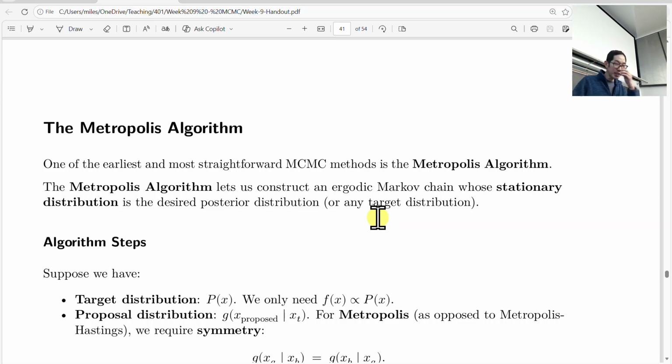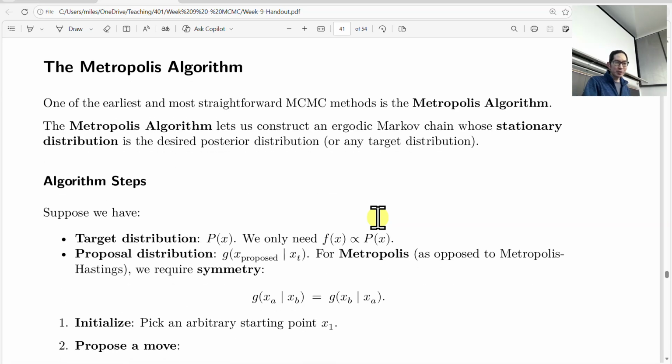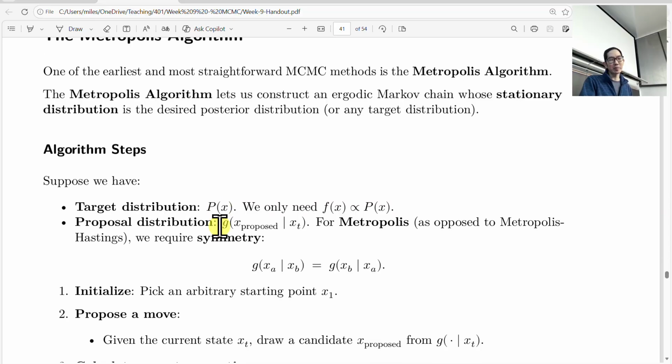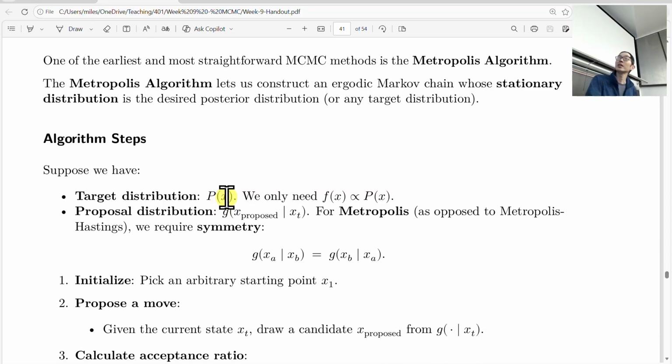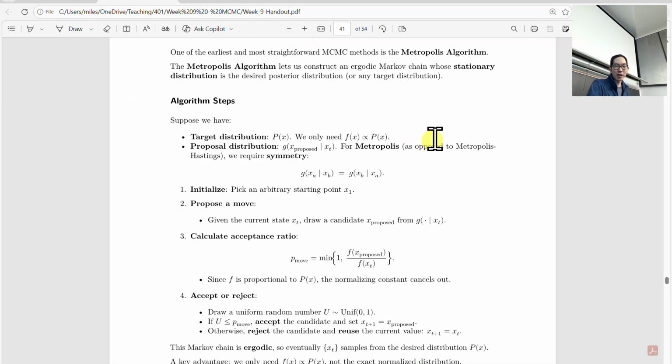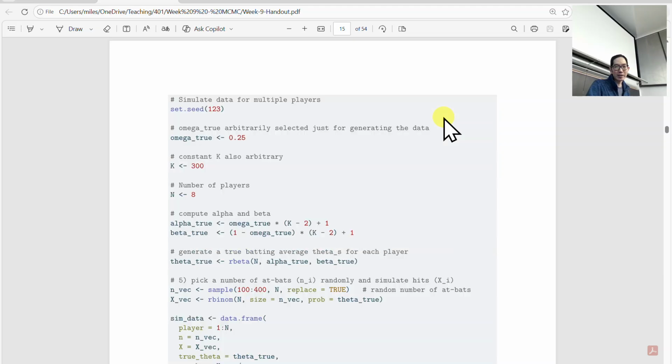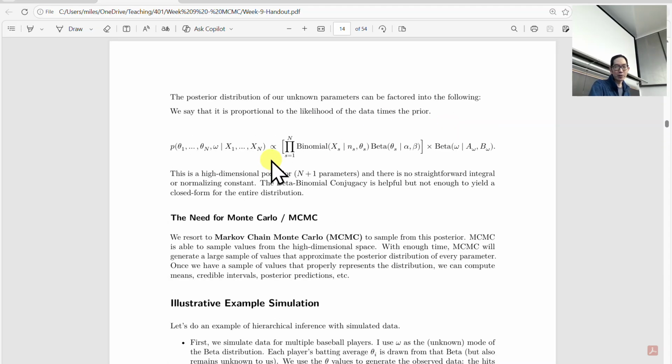So this is what we do. We say we have some target distribution that we want, P. We might not even know the final form of P. Remember that complex distribution way back here, we don't actually have the actual distribution for it. All I know is that it's proportional to this thing. I don't know what the normalizing constant is.